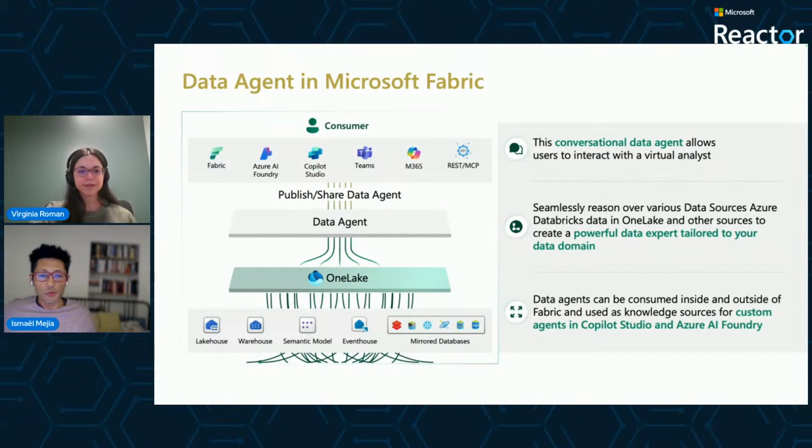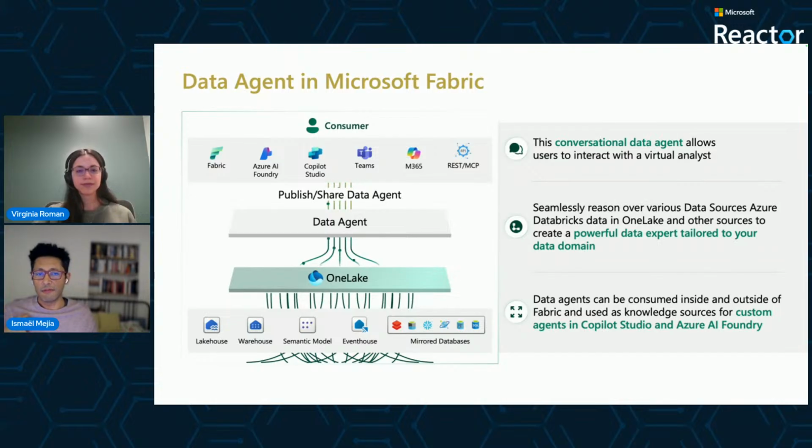Okay, so how does this work? This data agent, as I mentioned before, has access to our lakehouse, to all the data that we have in Fabric, the data warehouse, the semantic models, and all of these things are stored in OneLake. Then you can filter those and share them, creating a conversational agent that you will somehow configure. And then you can publish that in different places.